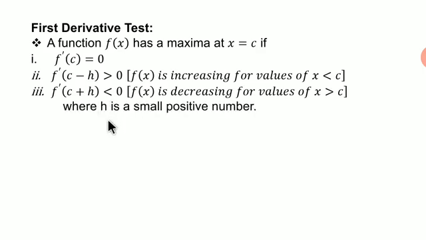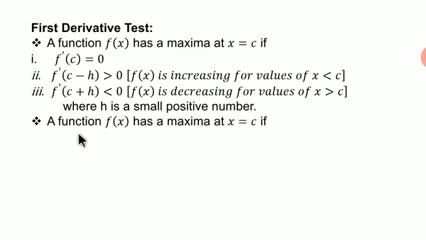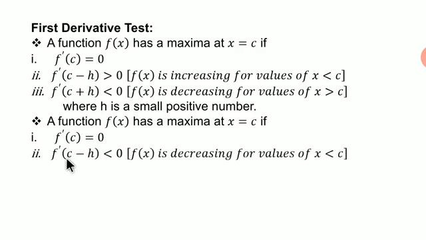Here h is the small positive number. Now see what about the minima. A function f of x has minima at x is equal to c if first condition is f dash of c is equal to 0. Second condition f dash of c minus h is less than 0.